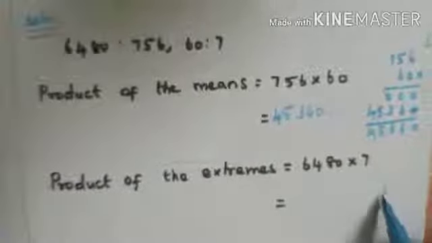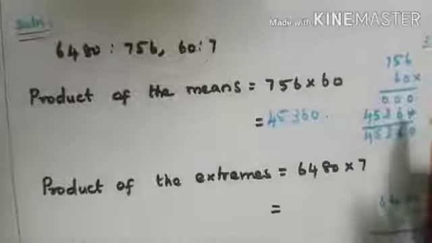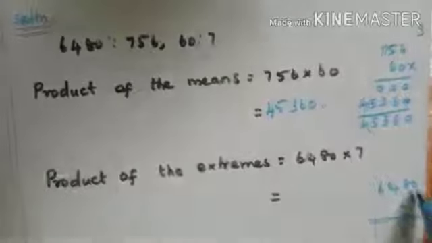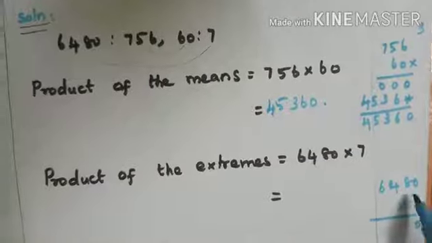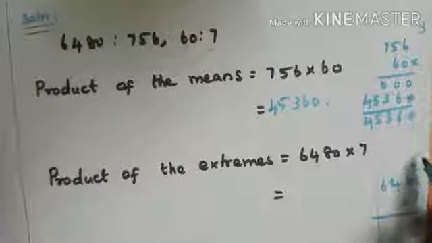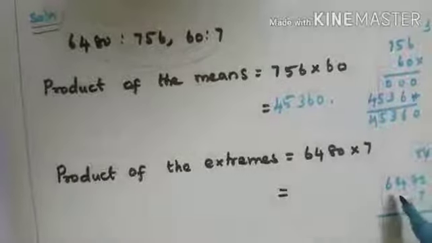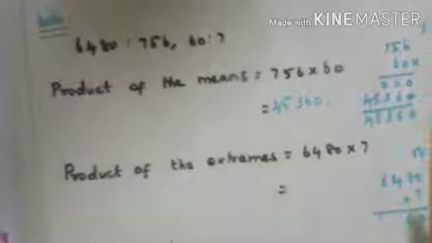So here we are going to multiply 6,480 into 7. You can write this in the rough space. 0 into 7 is 0. 8 into 7, 56. So we are striking 6 and putting here, 5 left over. 4 7s are 28. 28 plus 5, so 29, 30, 33.